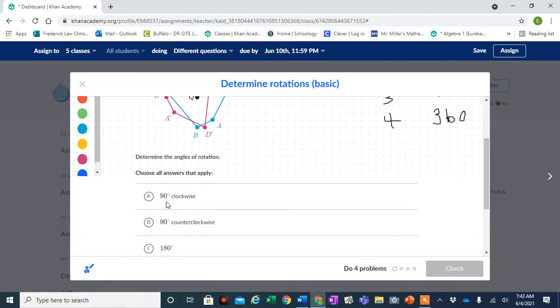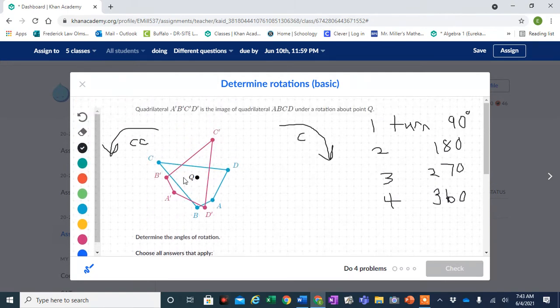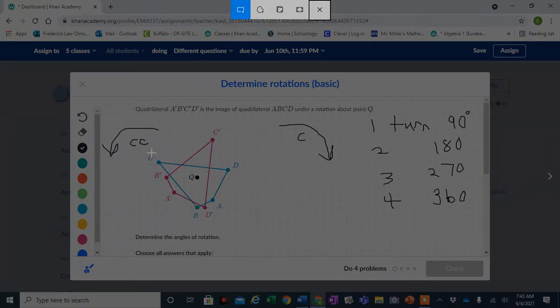So we have our choices, 90 degrees clockwise. So if I were to take this and I were to turn it one time that direction, so one turn this direction, would it give me that picture there? And I can try to see if I can do this.